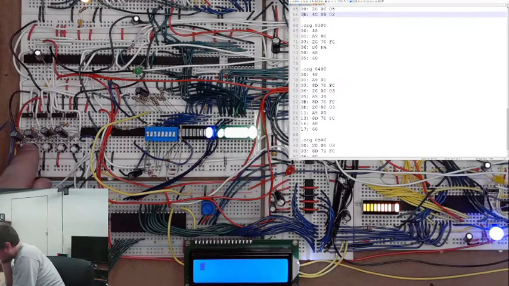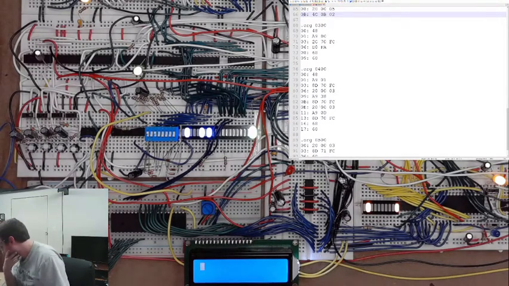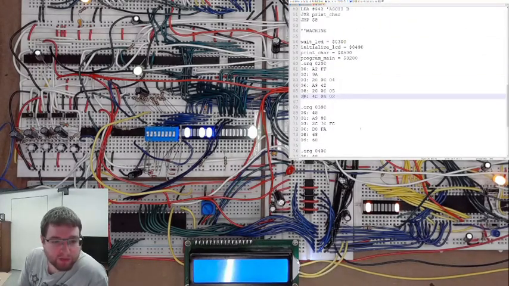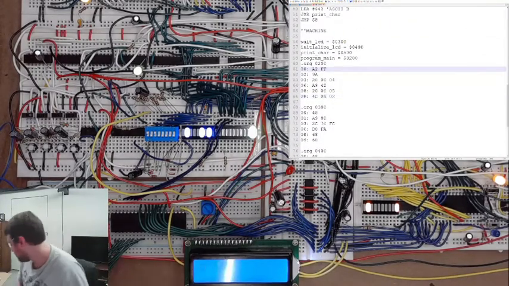So, we're here. We're having a good time. We reset. Now I'm somewhere. Okay, I'm at the starter code, which is supposed to be A2.